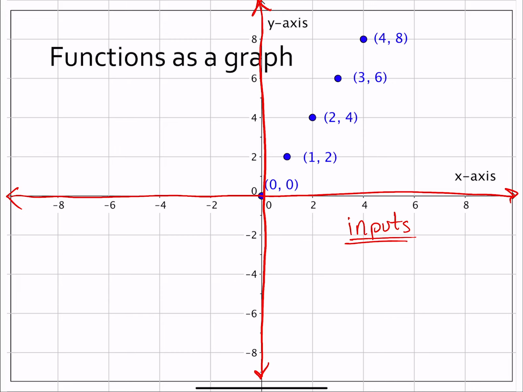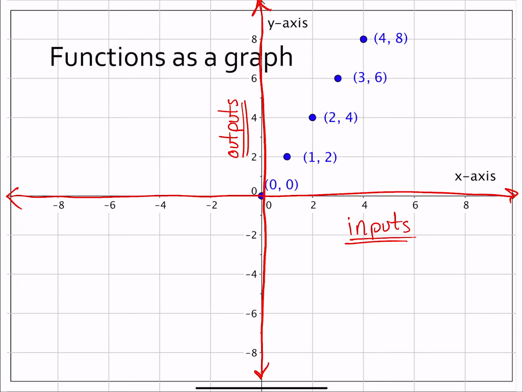That's where we measure the inputs. On our y-axis, going up, is where we measure the outputs, right? And then we just make points at the places where the inputs and the outputs intersect.